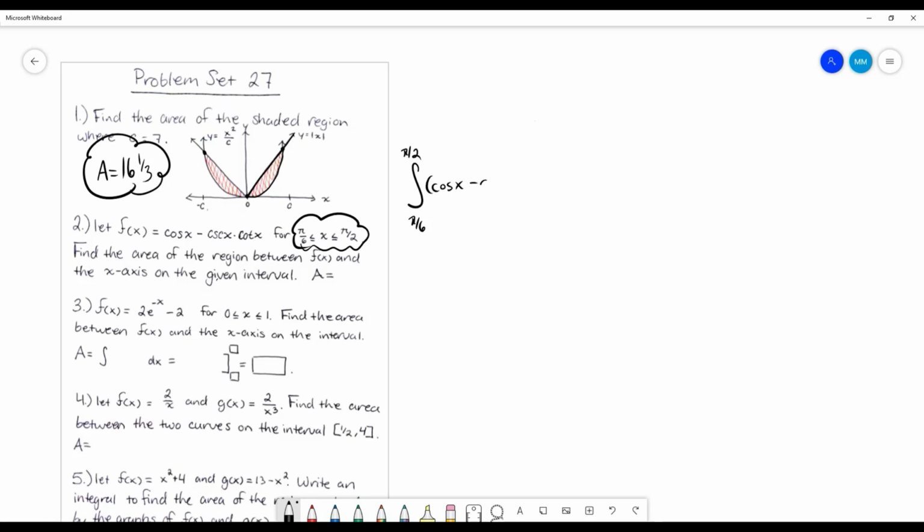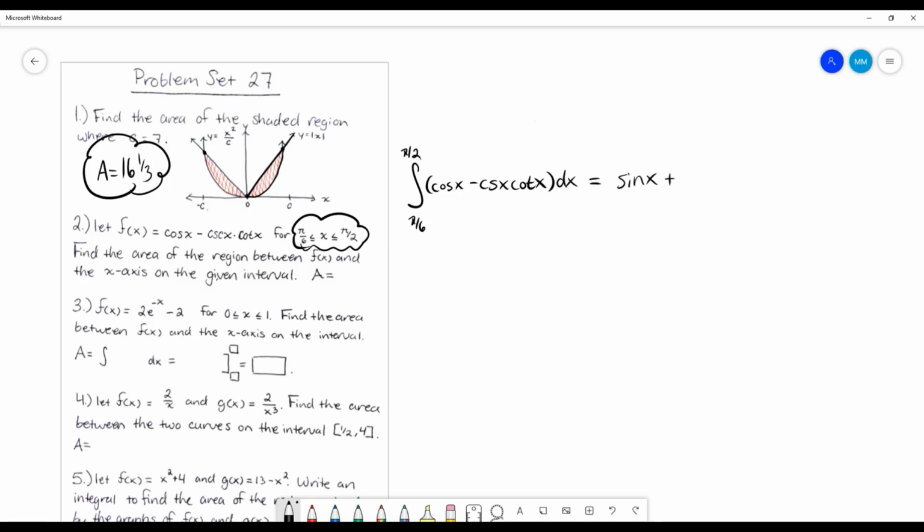So we want to take the integral of this function. I know, of course, that the derivative of sine of x is cosine of x, so the integral of cosine is going to be sine. And if you remember our trig rules really well, I know that negative cosine of x cotangent of x is the derivative of cosecant of x, I believe.